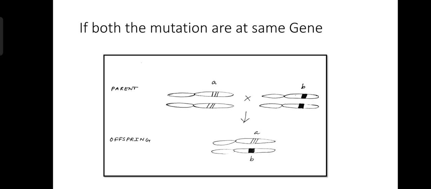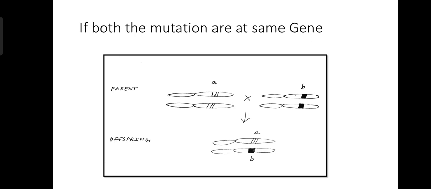So let us consider the first scenario, that is, if both mutations are in the same gene. For the complementation test we need to cross parents that are homozygous for each of the mutations. Here we have one gene and two mutant forms, A and B. The first parent is homozygous for the A form and the second parent is homozygous for the B mutant allele.